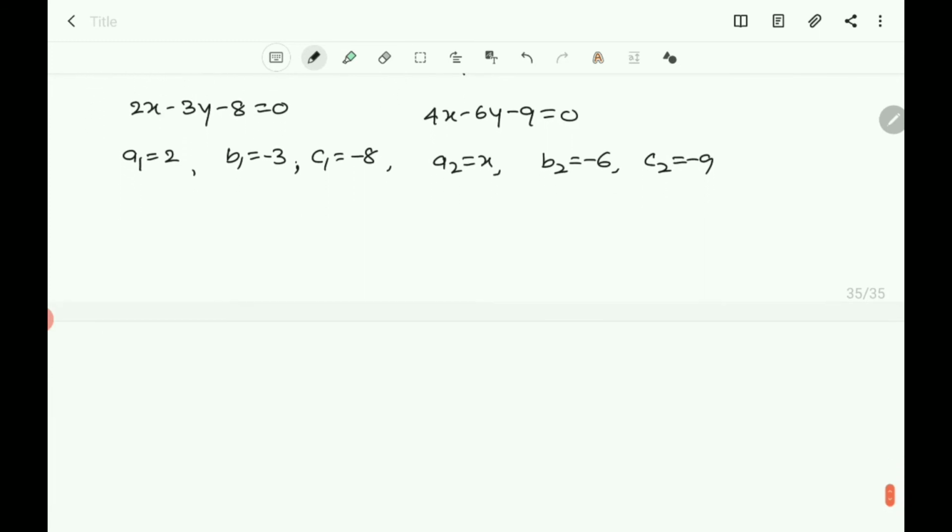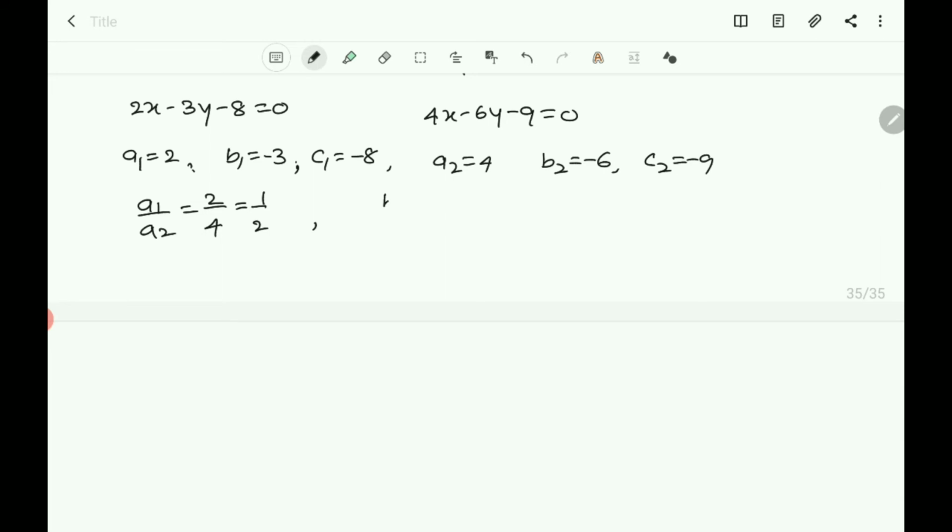Now you find a1 by a2. a2 is 4, then a1 by a2 is equal to 2 by 4, that equals 1 by 2.